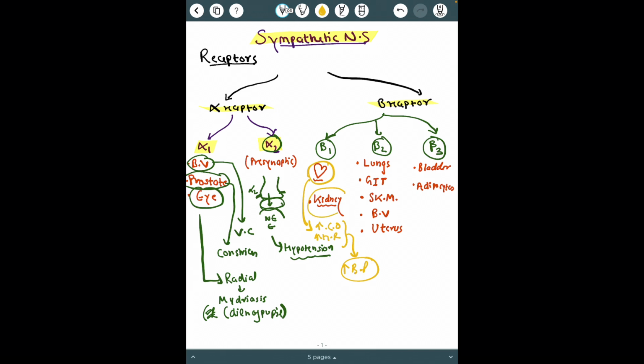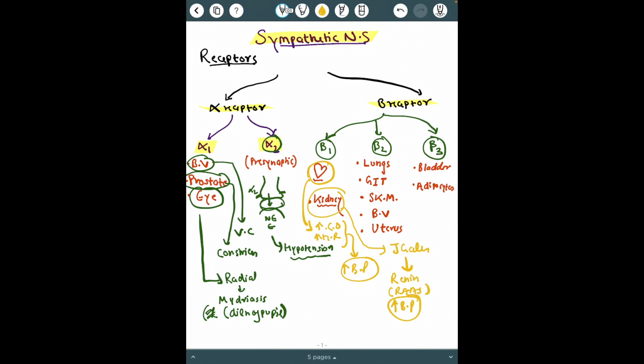In the kidney, on JG cells, it causes the release of renin and activates the RAS system. So it increases BP by this mechanism. So both mechanisms of beta 1 receptor increase BP by different actions on the heart and the JG cells.